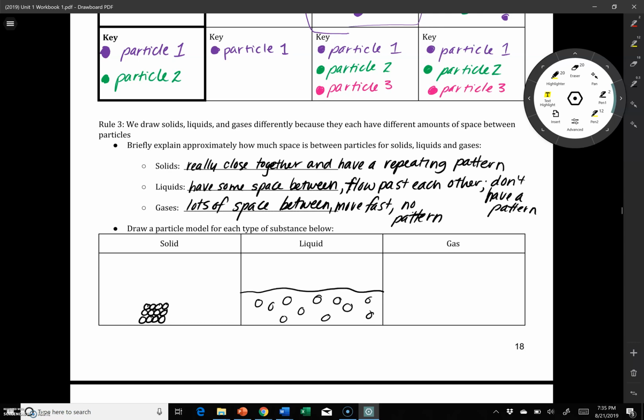Okay, so these are close together. We aren't going to draw any more pattern. It does not have a pattern. Liquids flow past each other and fill their container at the bottom, so they take the shape of their container. Gases, on the other hand, have lots of space between them.